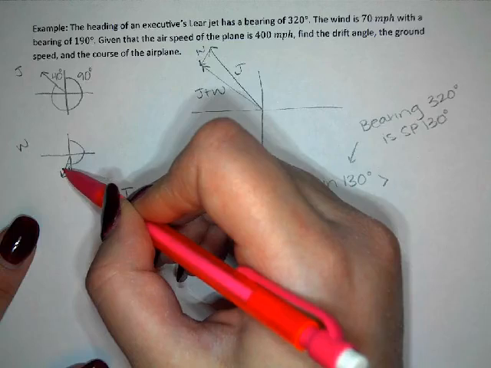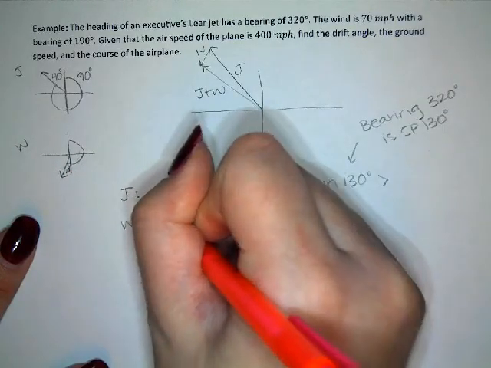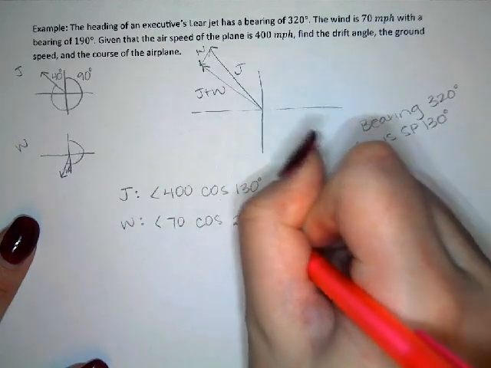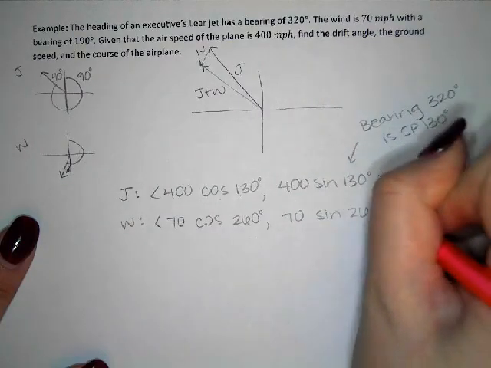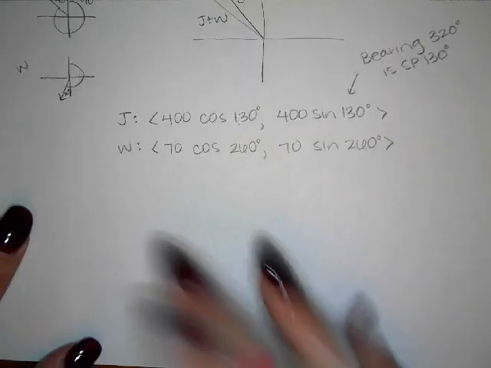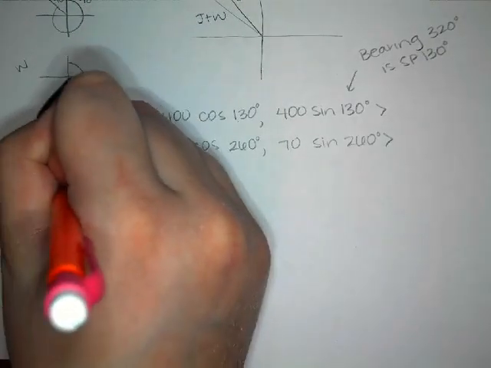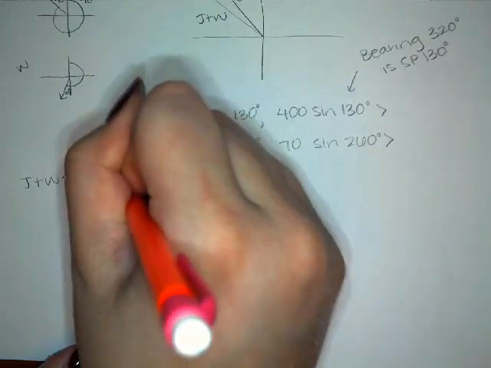That is the wind. And so then I can go ahead and find the jet plus the wind. So 400 cos 130 plus 70 cos 260, 400 sine 130 plus 70 sine 260.